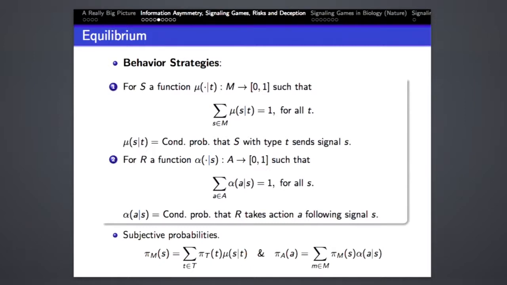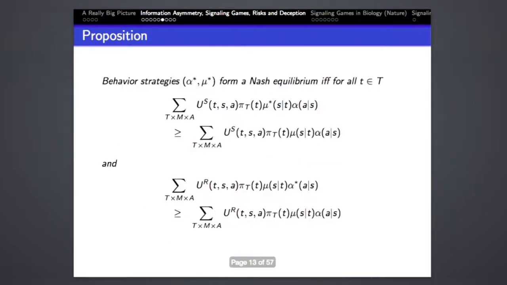Remember that the receiver actually does not know what the true types or true distributions are. But if he repeatedly, continuously interacts with you, he will develop a subjective probability. And the subjective probability will be dependent on mu and alpha.